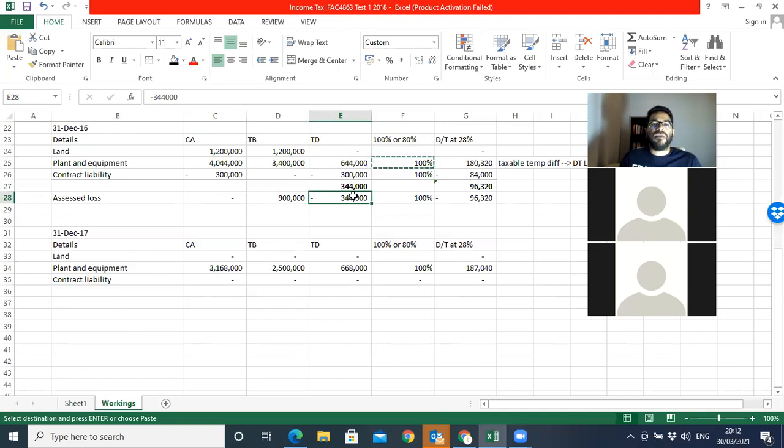However, the accounting standard allows us in that case to recognize a deferred tax asset to the extent that we have a deferred tax liability. So we're recognizing 344, which is equal to the deferred tax liability of 96.